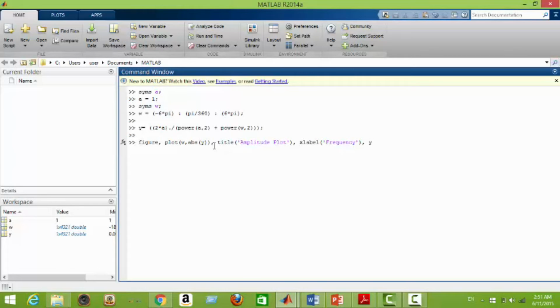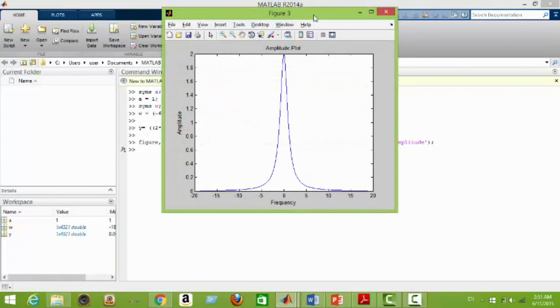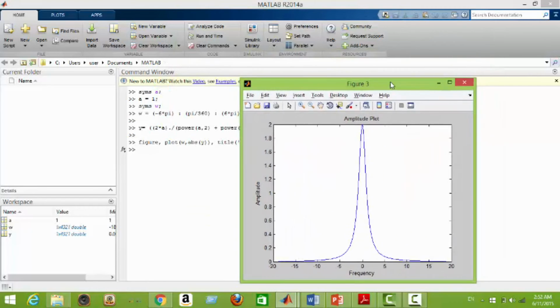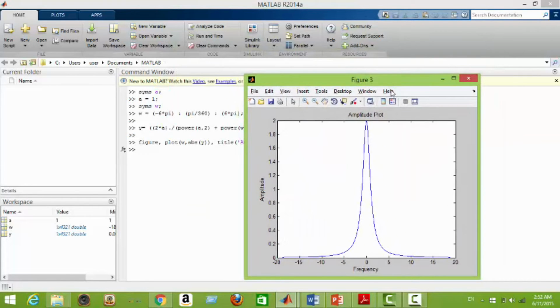The label for the y-axis, we put as amplitude. So this is the graph for the amplitude.